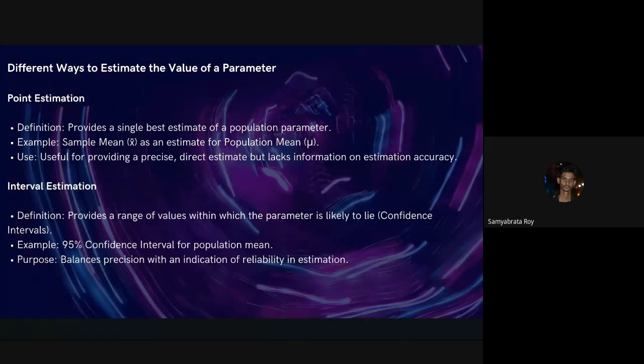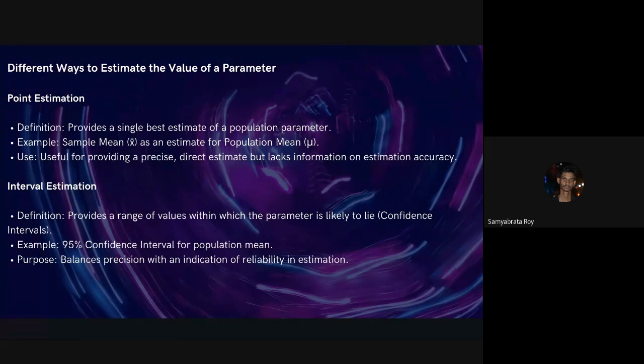In this method, we lose some information and estimation accuracy is compromised because of this precise-value-giving tendency. So to overcome that, we come up with a different estimator that is called the interval estimator.